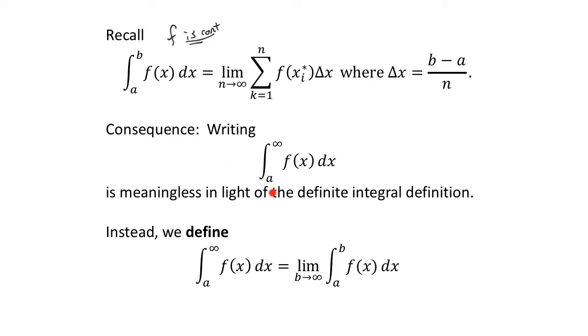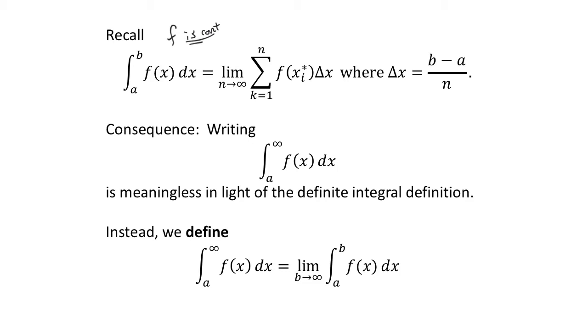In that light, this is nonsensical. It has no meaning. And so what we do is we define the integral from a to infinity to mean the limit as b goes to infinity of the integral from a to b of f of x dx. So we will always rewrite it like that. It is incorrect to do it any other way.